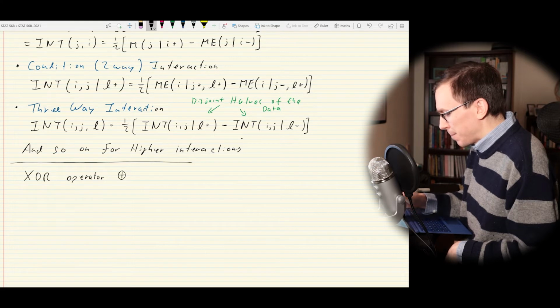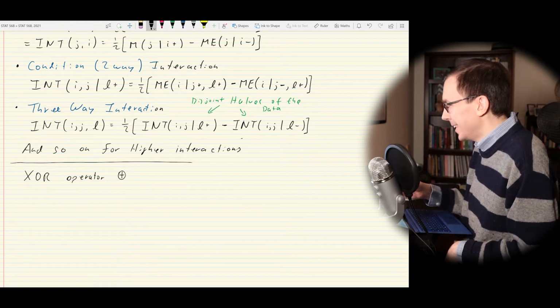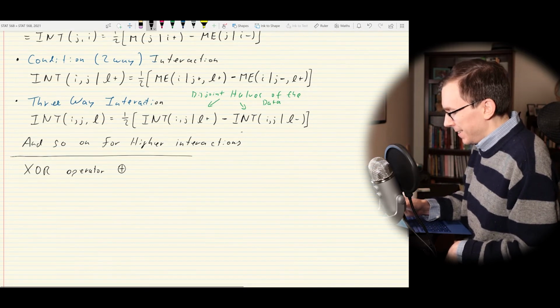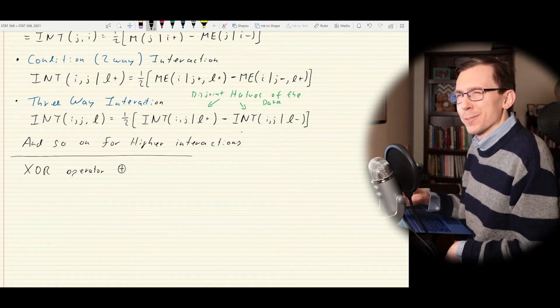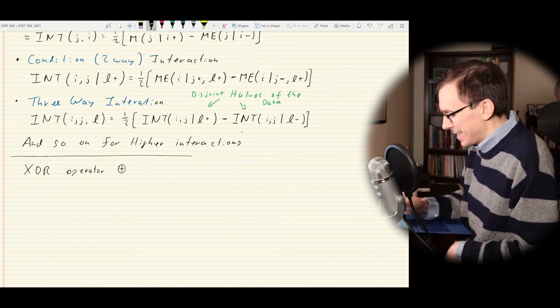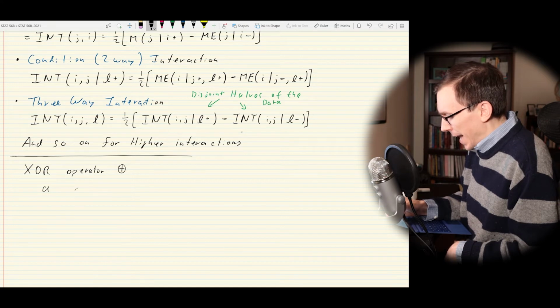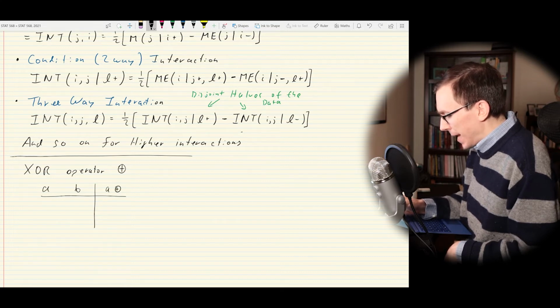I'm going to use the plus with a cross inside a circle. And we get what they call a truth table, I think, whatever it is in logic. If we have two binary variables, A and B, and then we have their XOR. And XOR is the exclusive OR.